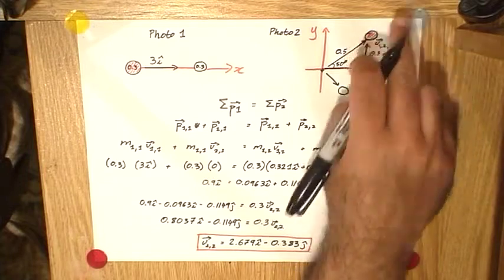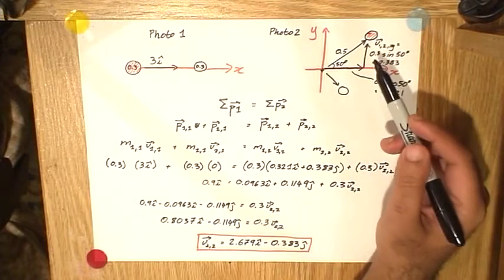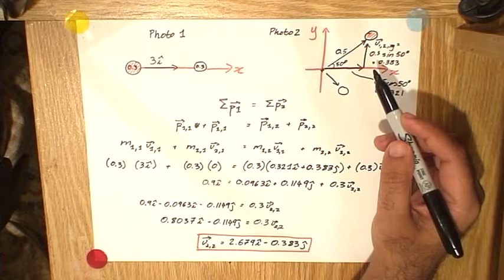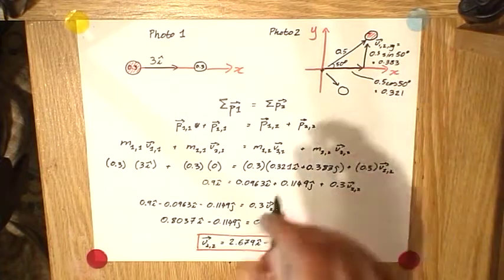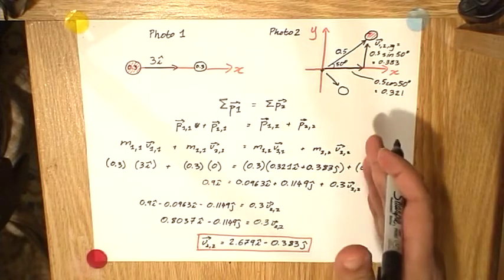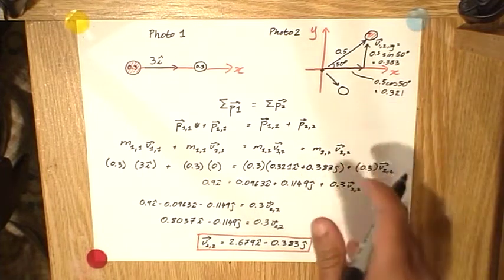And solving questions where three pieces of information are unknown, that is, not just x and y for one of the balls, but let's say the y direction for the second ball, are beyond the scope of this course. They would require some fairly significant geometry and trigonometry to solve. But these types of questions are pretty straightforward, and they are easily solved using the same techniques we used for scattering.